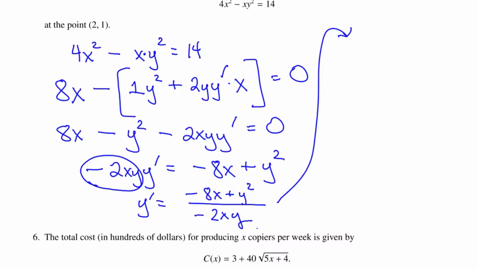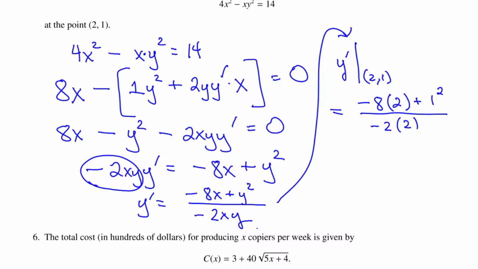And finally, to find the slope of the tangent line, we evaluate at the given point. So 2, 1. And we plug in 2 for x. And 1 for y. And when you work that out, you get 15 over 4.